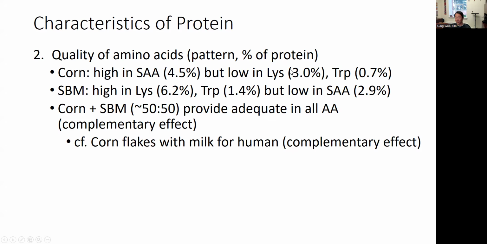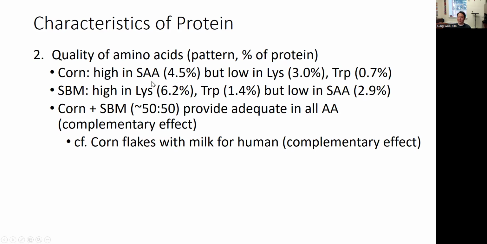However, lysine, a very important amino acid, is low in corn protein, but very high in soybean meal protein. Same for tryptophan. So depending on the source of protein, even though both of them are plant sources, the qualities can be very different.